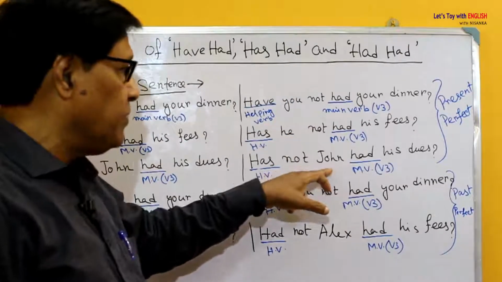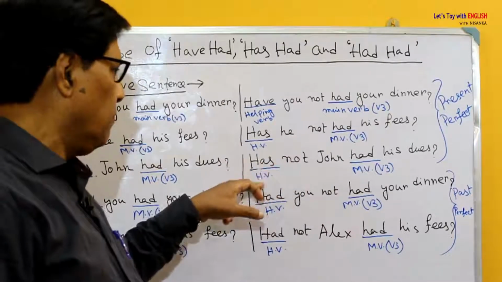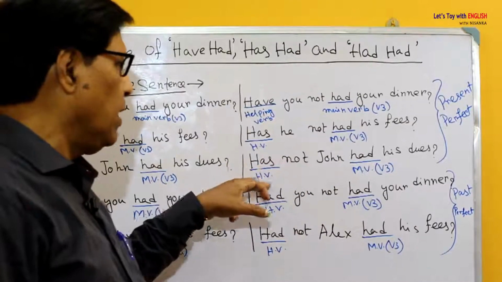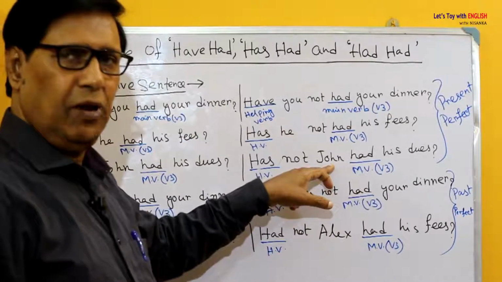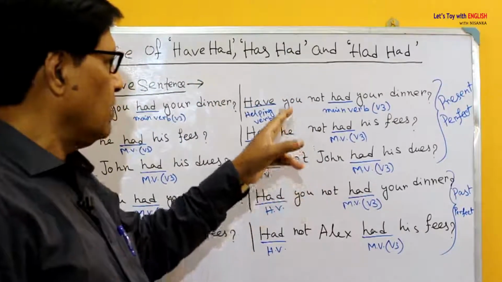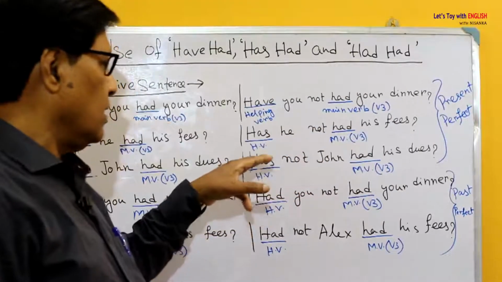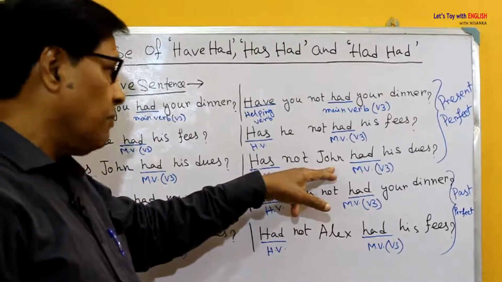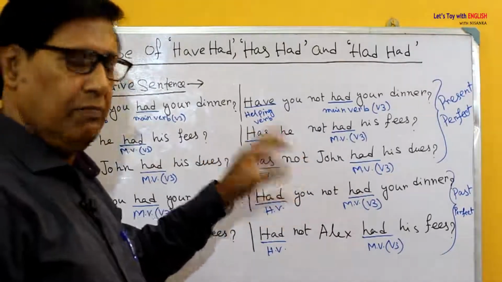But if the subject is a noun, then this not will be placed between the helping verb and the subject. Do you follow my mind? This is the difference. There is no other difference. If the pronoun is there, not will be after the subject, but if the subject is a noun, the not will come first after the helping verb.